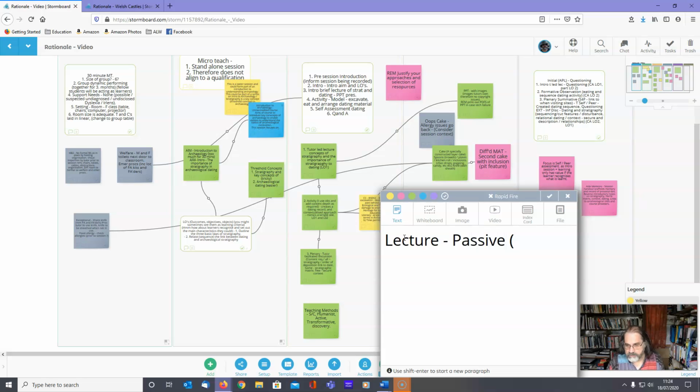Passive, although if you've ever been in one of my lectures, you know they're not very passive at all, because I will try to involve learners as much as possible.